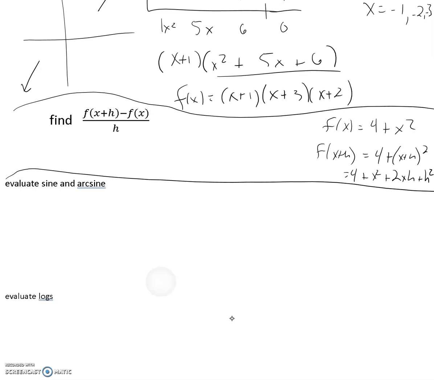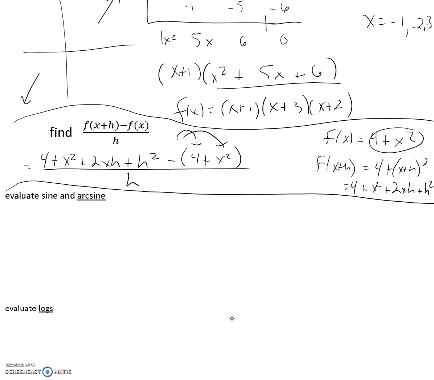All right, so then the difference quotient becomes f of x plus h, 4 plus x squared plus 2xh plus h squared, minus f of x, which is this thing, all over h. Usually how these work, they simplify nicely. So let's see if that's the case. If I distribute this through, they both become negative.